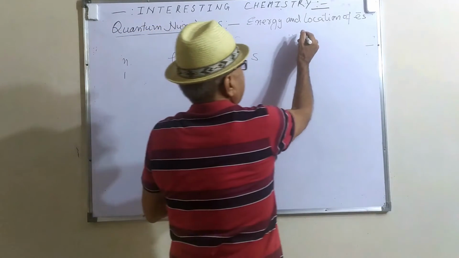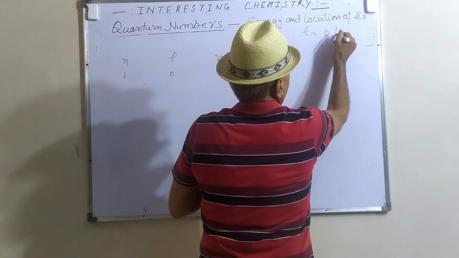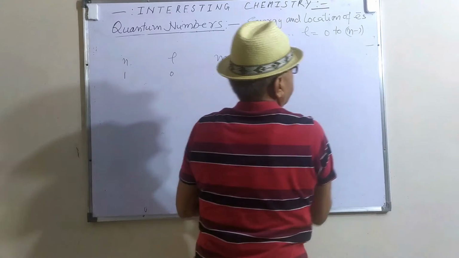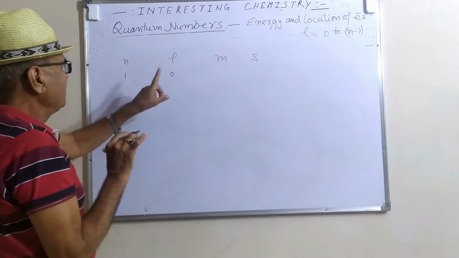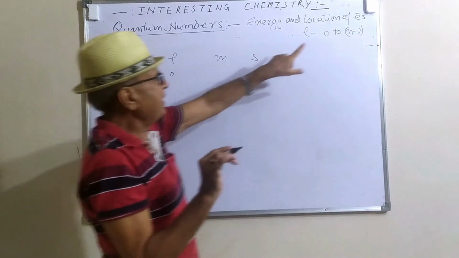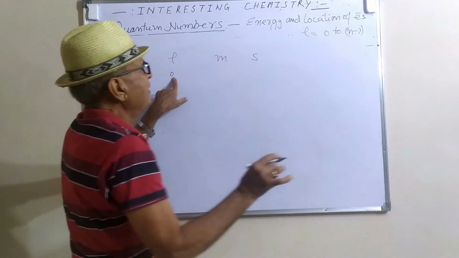So I will write here L is equal to 0 to n minus 1. When the value of n is 1, 1 minus 1 gives 0, so L is 0.